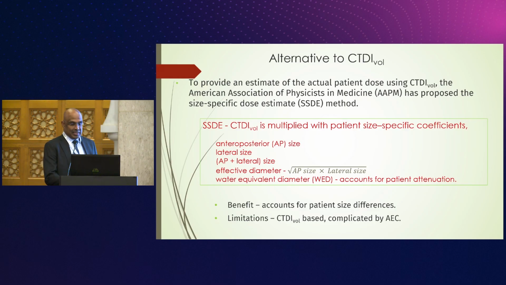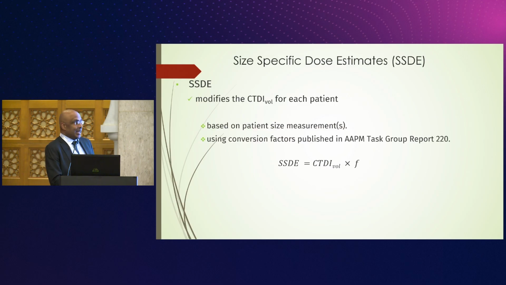The benefit is that you account for patient size differences in estimating radiation exposure, but the limitations that CTDI volume has also apply to this one. It only removes one of the limitations, so it's a step better than just the CTDI volume.